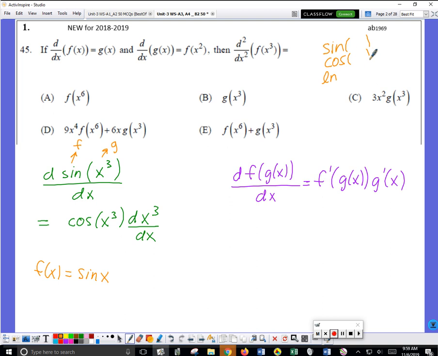It's always sine of, cosine of, natural log of. Those don't ever mean multiplied. They're always special functions with some input. So I can't use the product rule here, because these two are not multiplied.